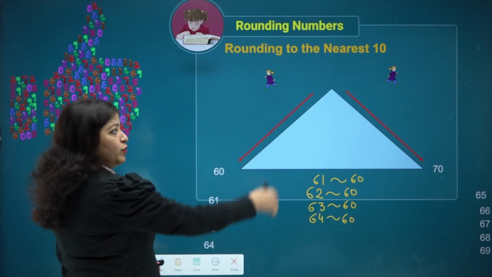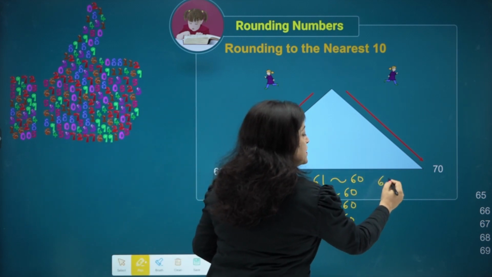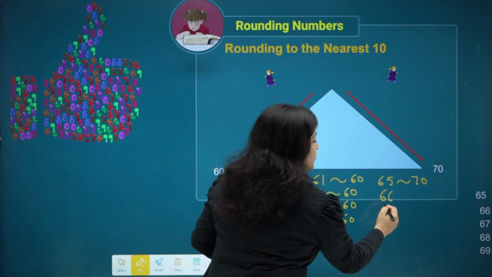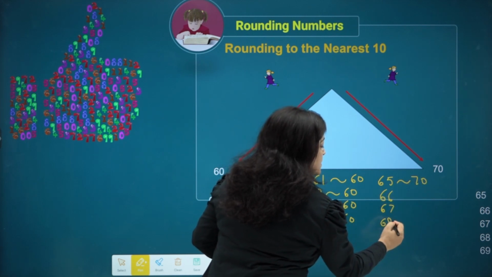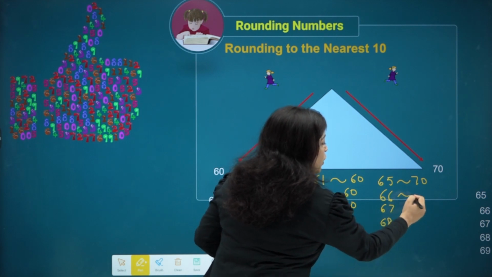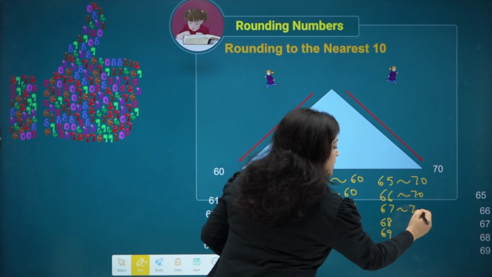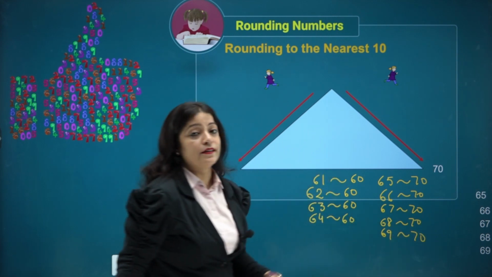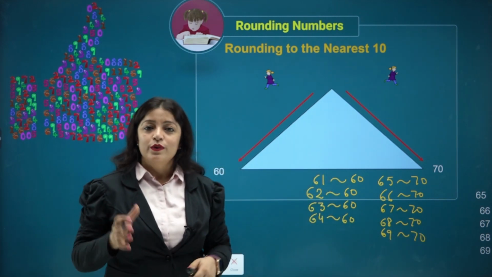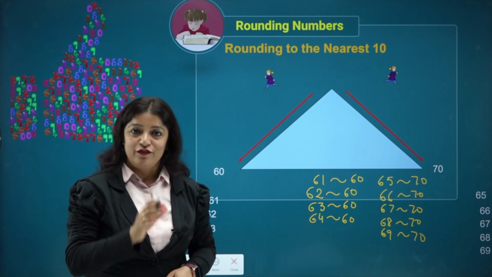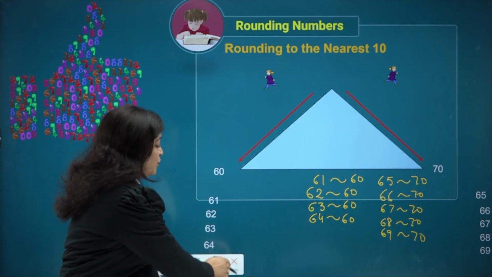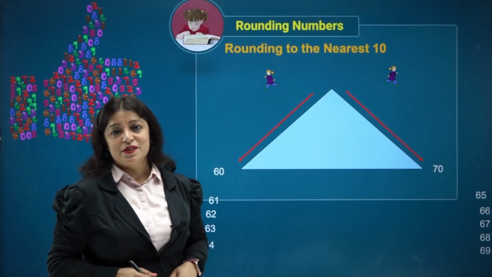Now when we start from 65, you notice that 65 is rounded off to 70 and so on with 66, 67, 68, 69. They all will be rounded off to the number 70 and we move to the higher side in this. And this is a way to write the question if it comes. I hope now it is very clear to you how you can round off various numbers.